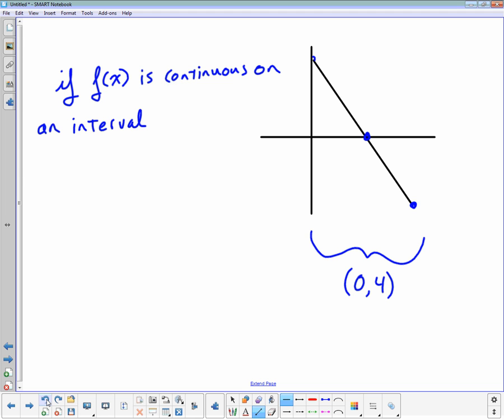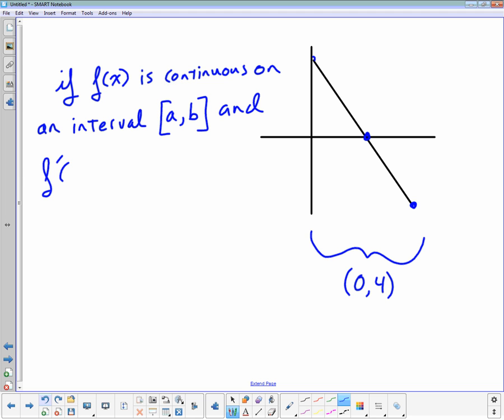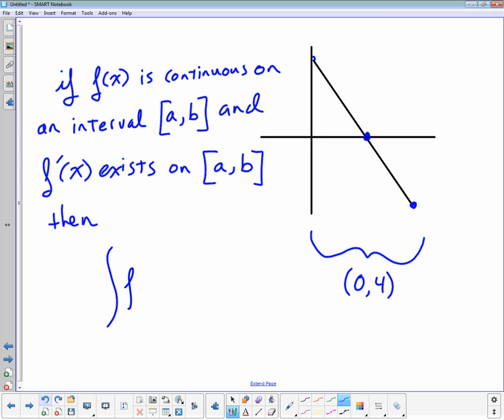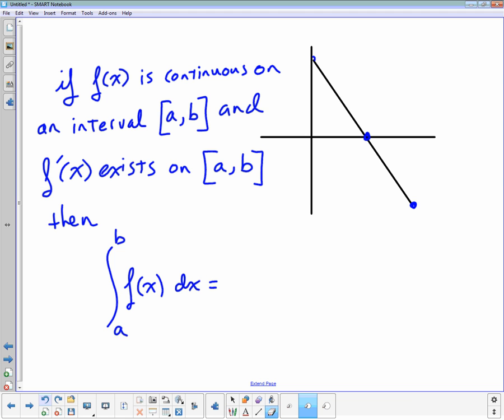Fine. I don't want to confuse people with my notation here, so if it's all right, I'm going to change this to C.